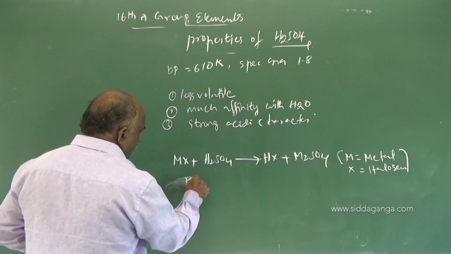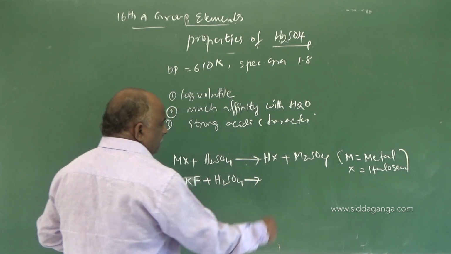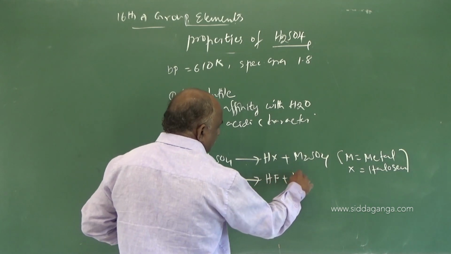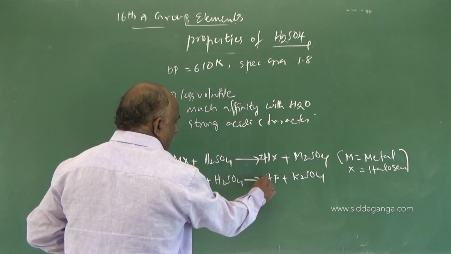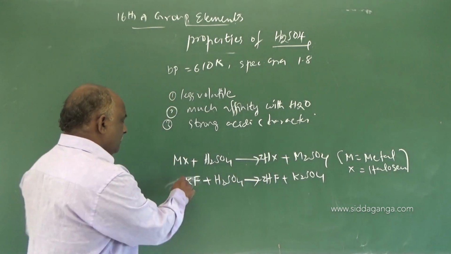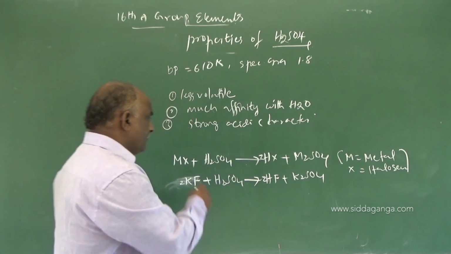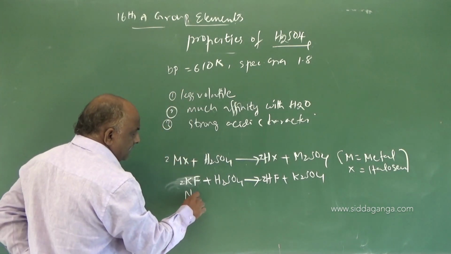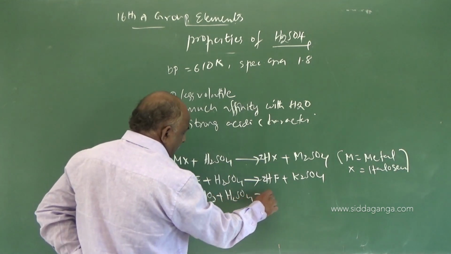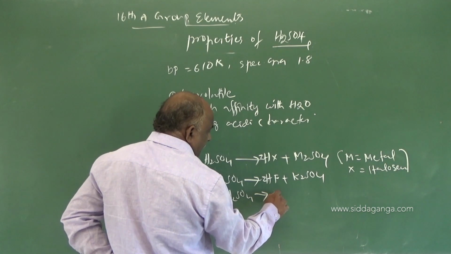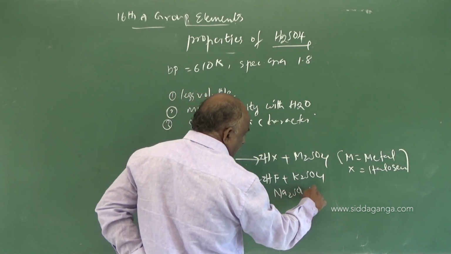Consider KF plus H2SO4, what will we get? HF plus K2SO4. Or take NaNO3 plus H2SO4, what will we get? Na2SO4 plus HNO3.